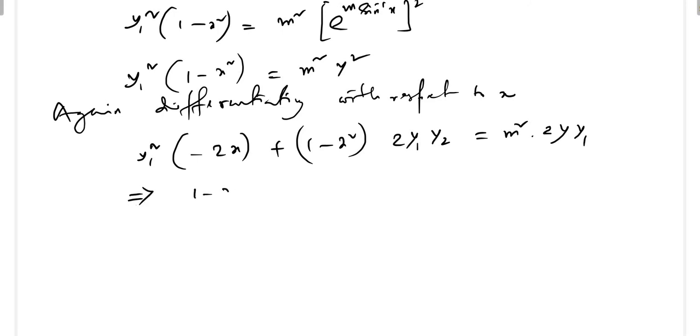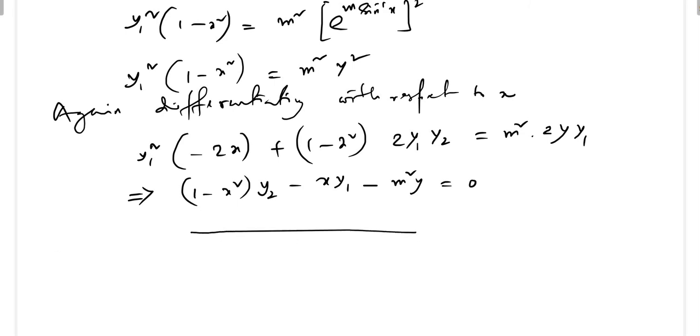We get 1 minus x square into y2 minus x y1 minus m square y equal to 0. Okay, now let us take this line in the next page. So the last expression is 1 minus x square into y2 minus x y1 minus m square y equal to 0.